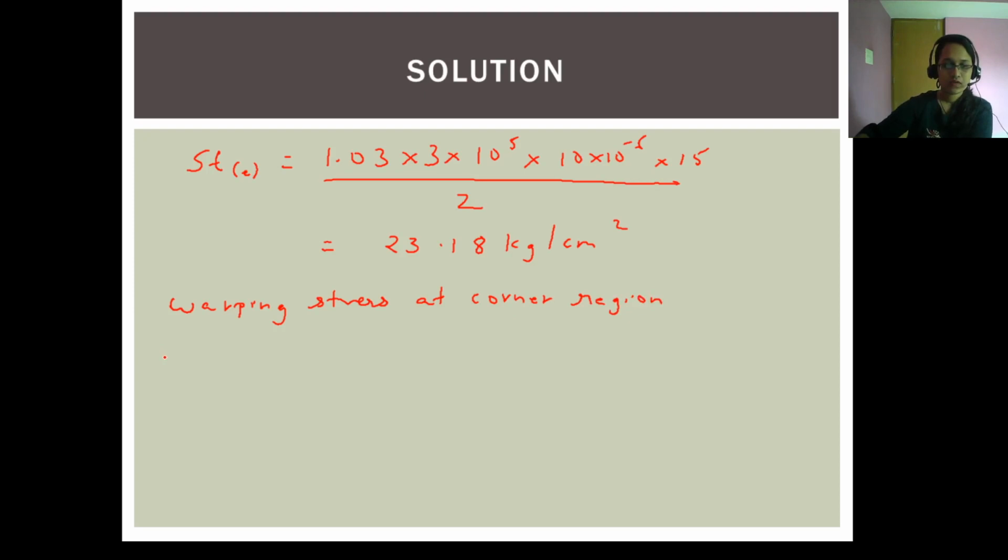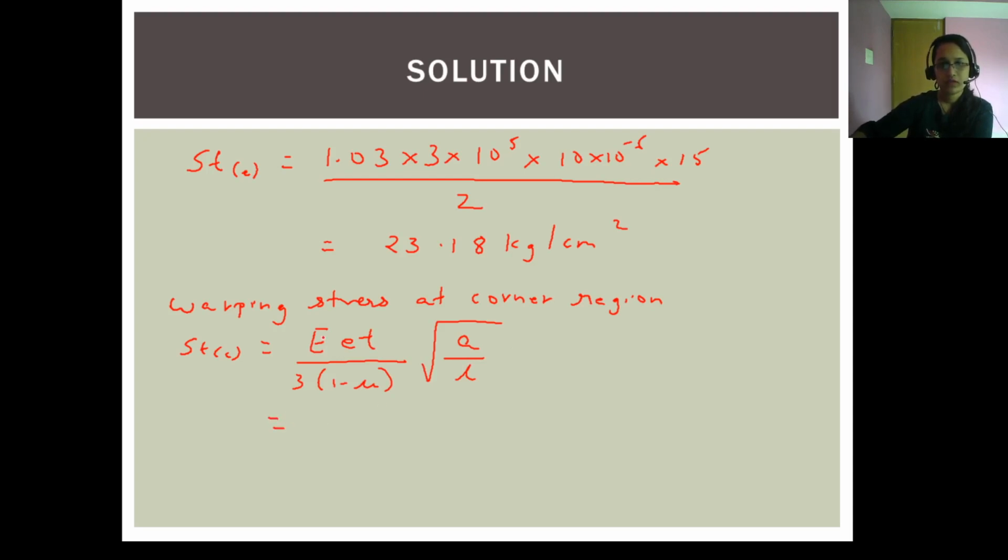Okay, so σ_tc will be E e t upon 3(1 minus ν) times square root of A upon L. Substitute all this in this equation.